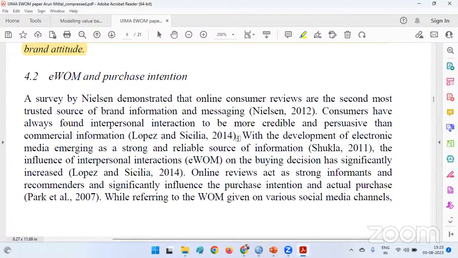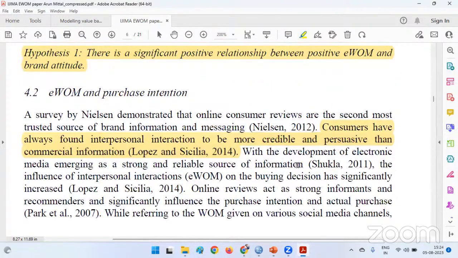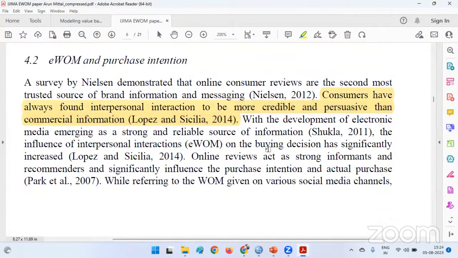For example, this is written like this: Consumers have always found interpersonal interaction to be more credible and persuasive than commercial information, Lopez and Cecilia 2014. So you should not write it like that, with Lopez and Cecilia 2014 found that, in paragraph change. That is a very bad style. That style works in a thesis, not in research papers. A research paper should be very, very crisp.